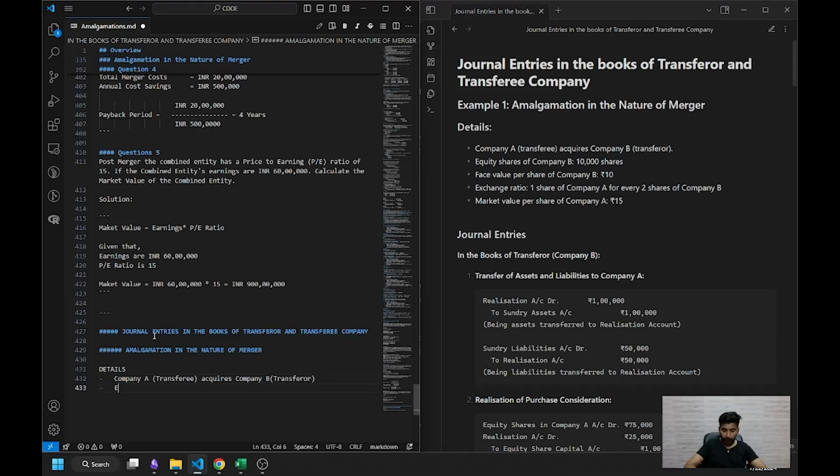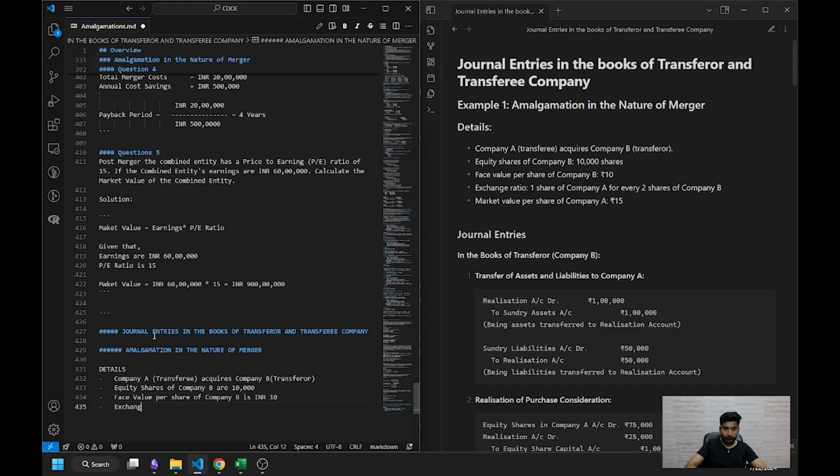Then equity shares of company B are 10,000 and the face value per share of company B is rupees 10.